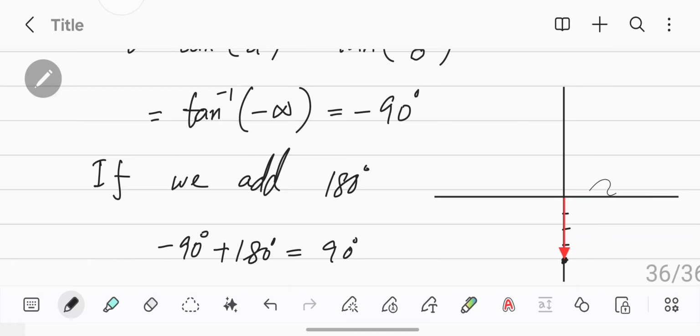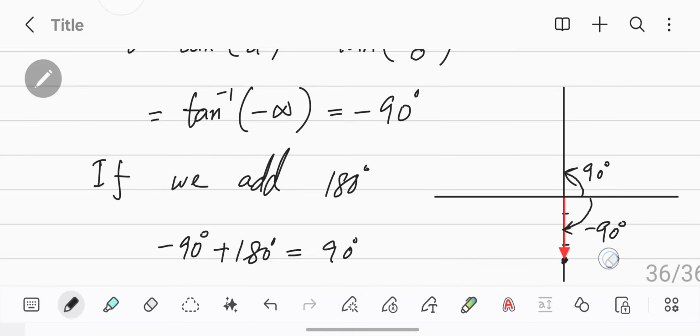Now if we measure our angle from here to here, we have 90 degrees because it's the positive direction. But if we measure from here to here, it's negative 90 degrees. Okay, where is my point? Does my point lie on this line or on this line? Obviously my point is on this line because I have drawn the arrow here.